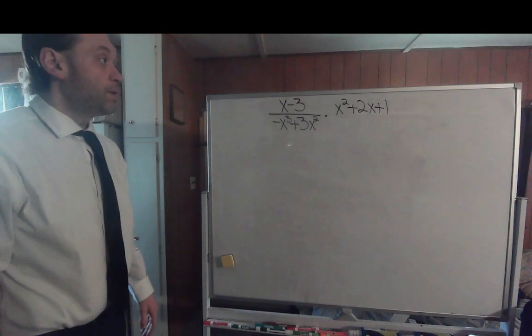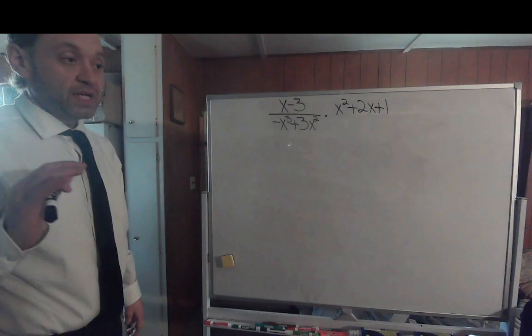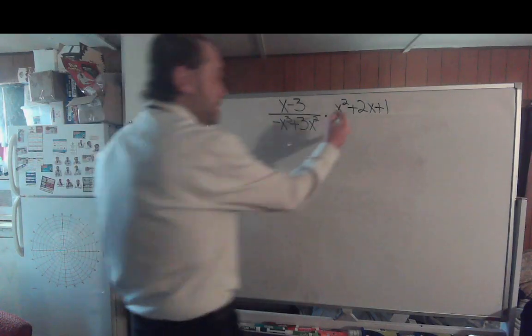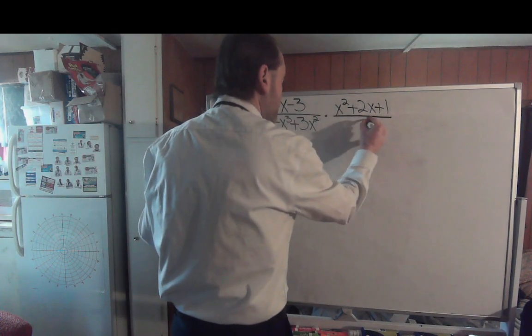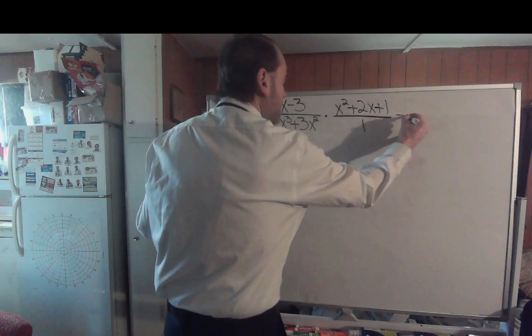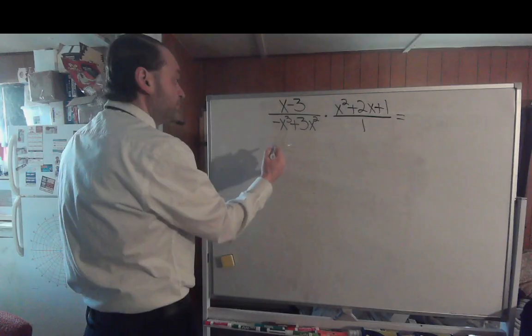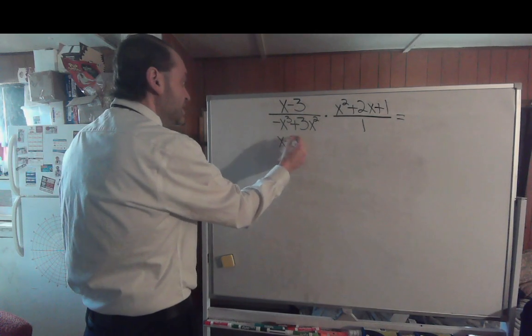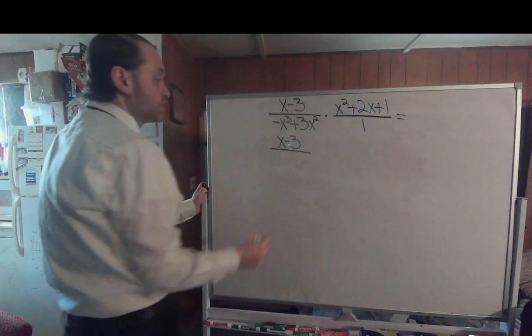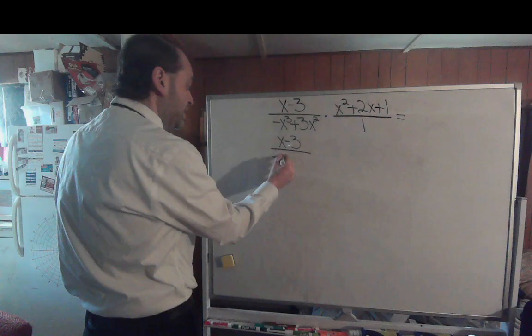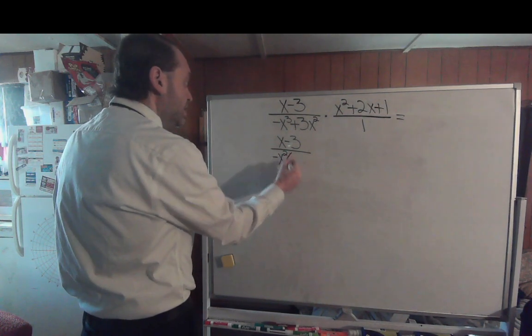Okay, the best thing you can do at this point is put a denominator of 1 for the second term. Put your guiding 1 there. Now the next thing we need to do is factor. So the numerator stays x minus 3 on the first term, but in the second term you can factor out a negative x squared, and what do you know?